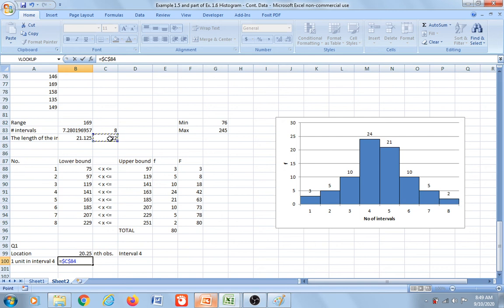Divided by the frequency of that interval, which is 24. That is 1 unit of interval number 4, sorry.